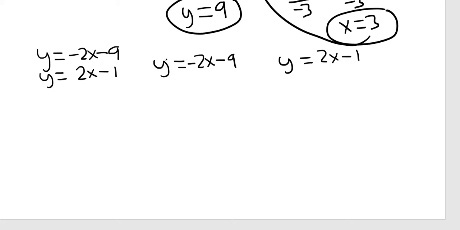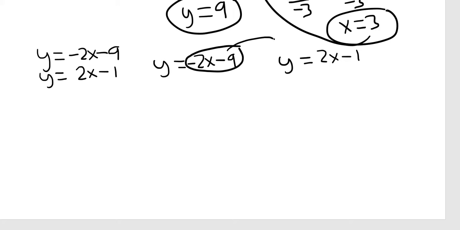So what we're going to do is we know that y equals negative 2x minus 9 in the first equation, so we're going to make a substitution in the second equation for the y.